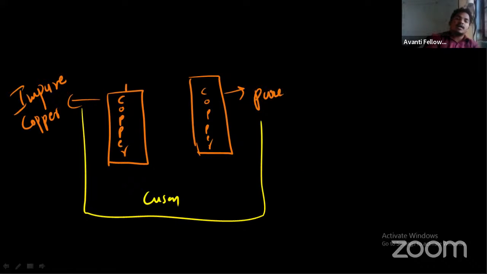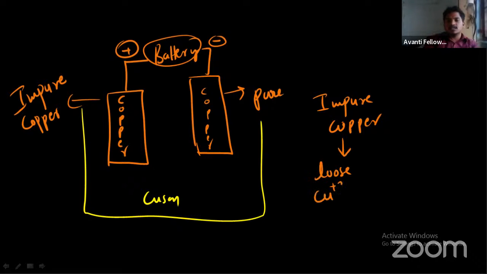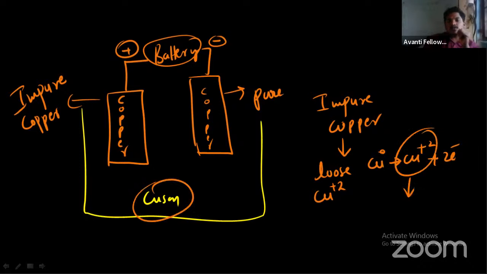Now I am connecting a battery. This is the battery I connected here. This is the positive terminal, and this is the negative terminal. What I have observed is that the impure copper is going to lose electrons, becoming Cu2+ ions plus 2 electrons. These Cu2+ ions, and the Cu2+ ions inside the solution, take these two electrons and produce copper.